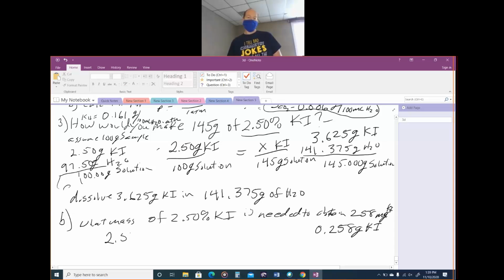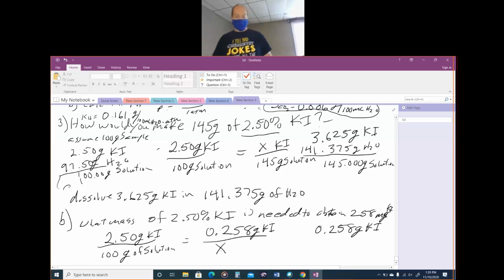So what we know is if we wanted 2.50 grams of KI, we would need 100 grams of solution. If we wanted 0.258 grams of KI, we would need what amount of solution? So again, you cross multiply and divide. You take your 100 times the 0.258 and then divide it by 2.5.